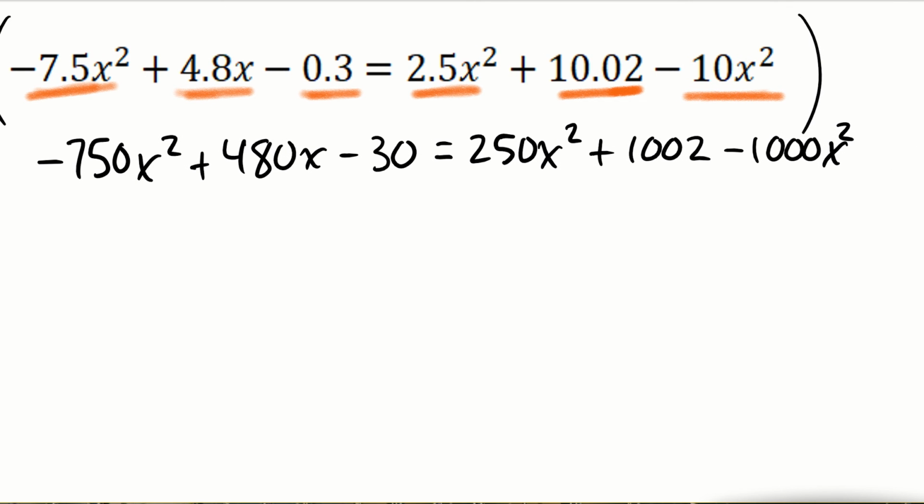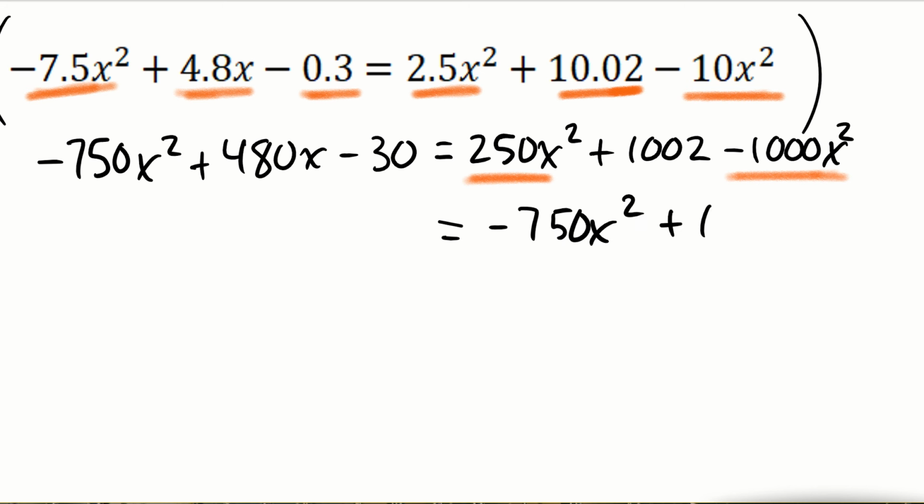The next thing I want to do is focus on the 250 x squared and negative 1000 x squared on the right hand side. When I combine those, quite conveniently, it becomes negative 750 x squared.